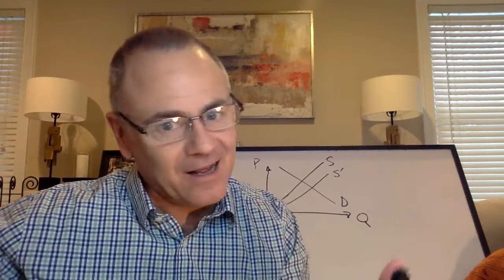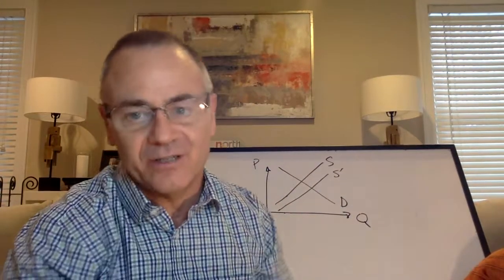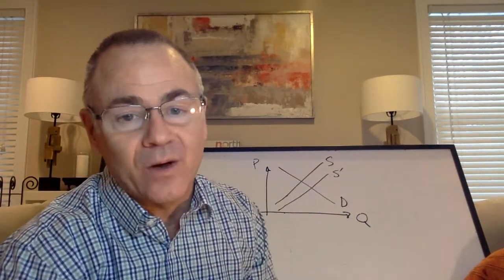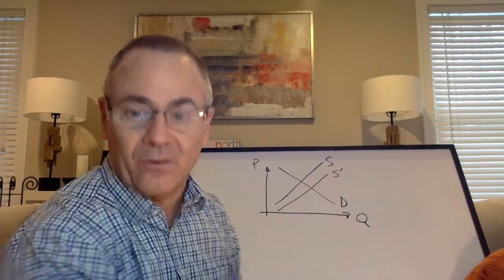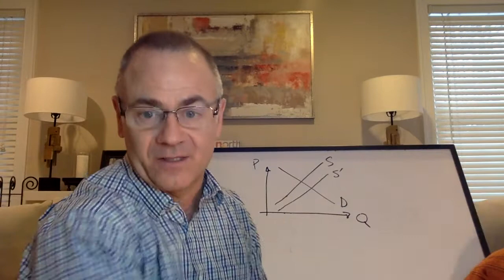If you just know that effect, this is the economic way of thinking. There's some other industry, there's a shock to that industry, how's it going to affect this other industry? The key thing is it's going to shift the supply curve. It's going to shift it down, or if you like, shift it outward, same thing.